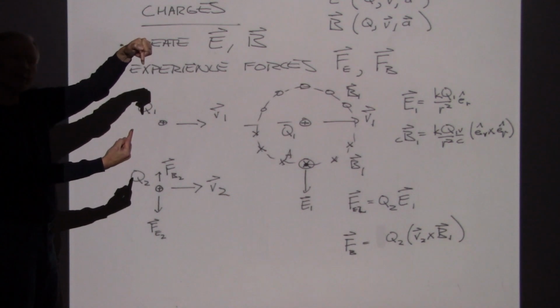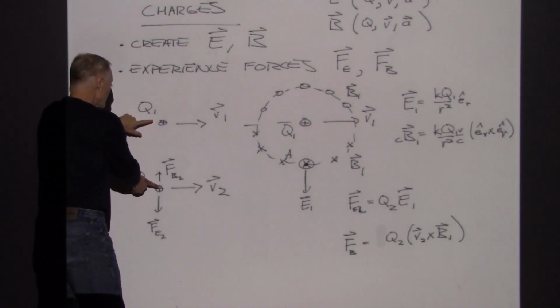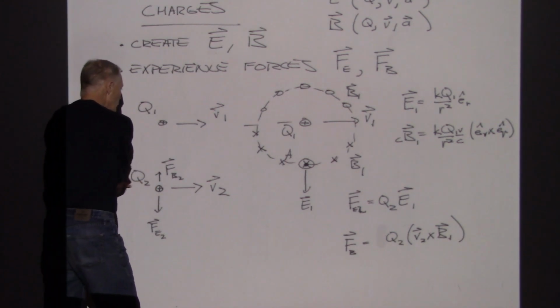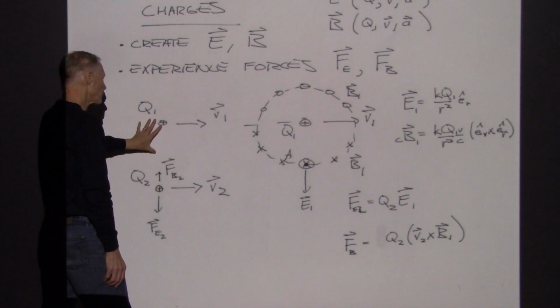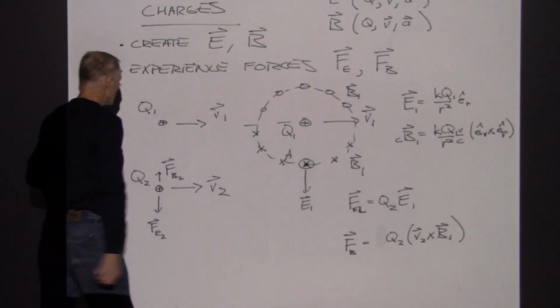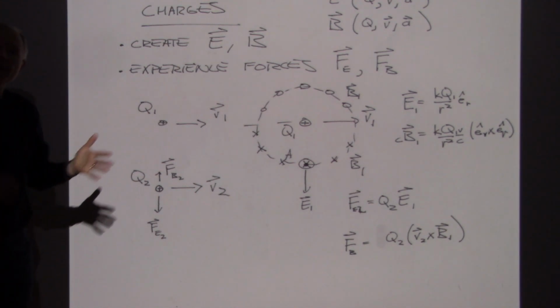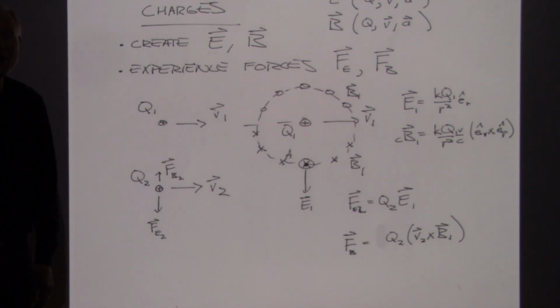So there's actually an attractive force for two charges with the same sign moving in the same direction. If I have two charges that are both positive or both negative and both headed parallel to each other, the magnetic effects will tend to pull those two charges towards each other as they're in motion.